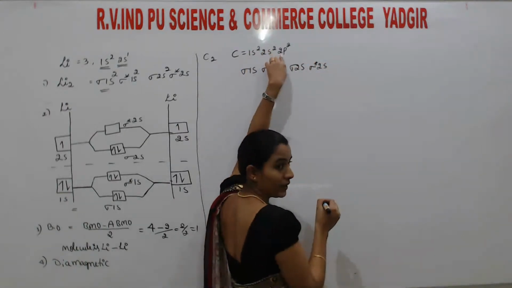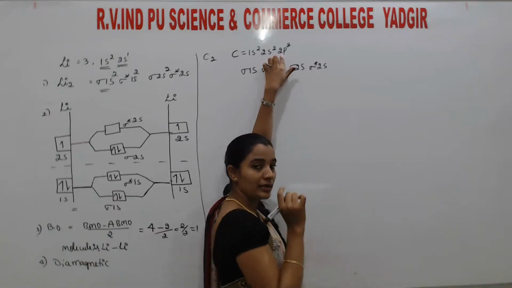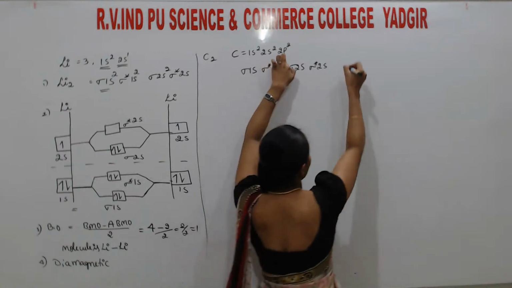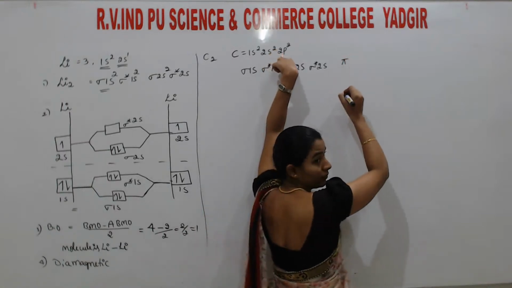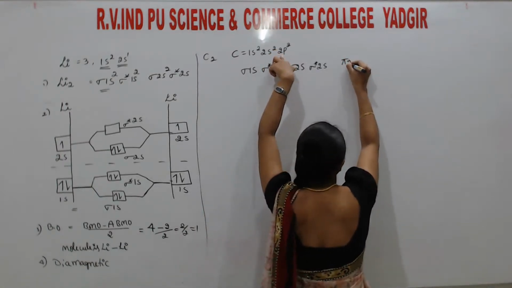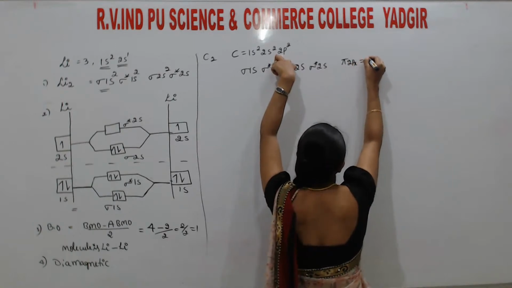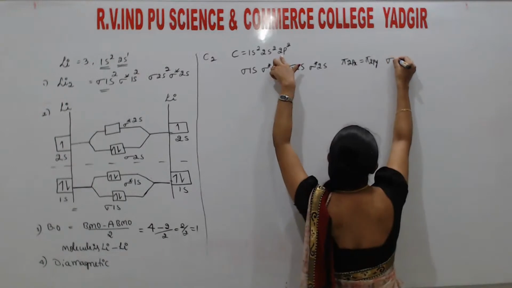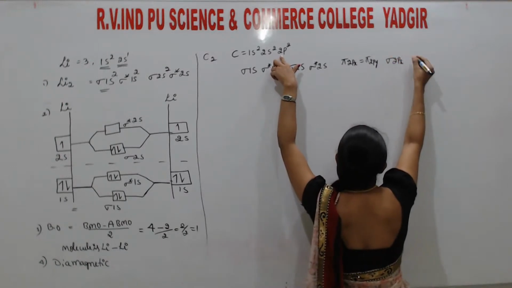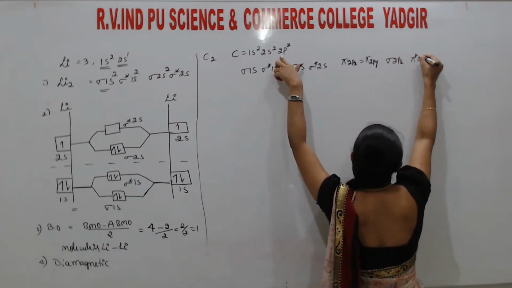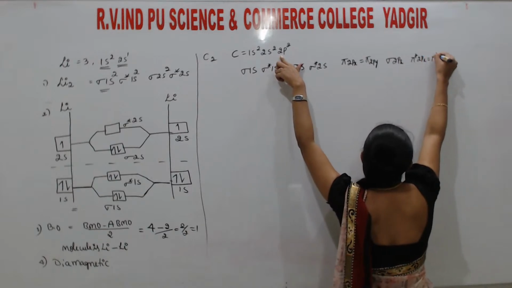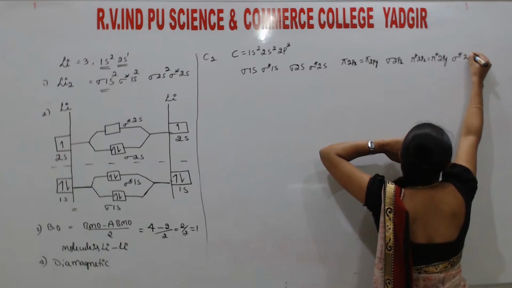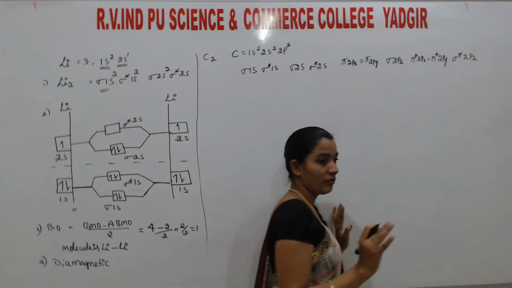If the 2p orbital is there, in the last class I gave you the configuration up to nitrogen, pi comes first. Correct? Up to nitrogen pi comes. Pi 2px equal to pi 2py. Next, sigma 2pz, pi star 2px equal to pi star 2py, sigma star 2pz. This is the way to write the configuration.